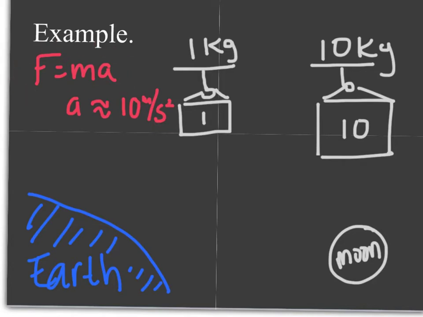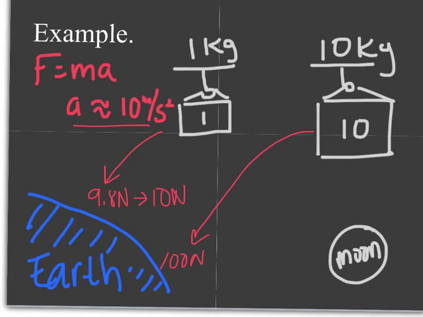So on Earth, we already know that our 1 kilogram mass weighs 9.8 newtons, and we're now going to round that to 10 newtons. And we know that our 10 kilogram mass weighed 98 newtons, so we're going to round that to 100 newtons using our new acceleration to make things simpler.